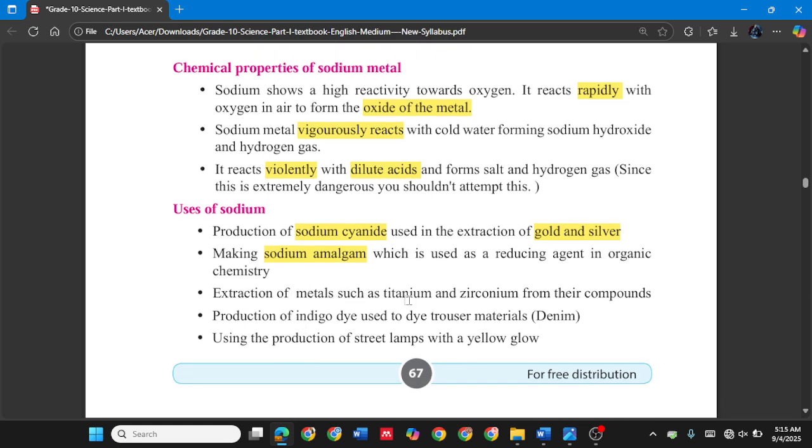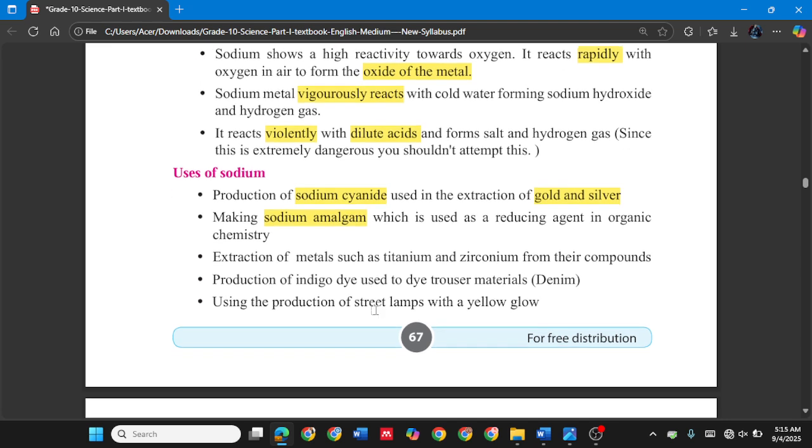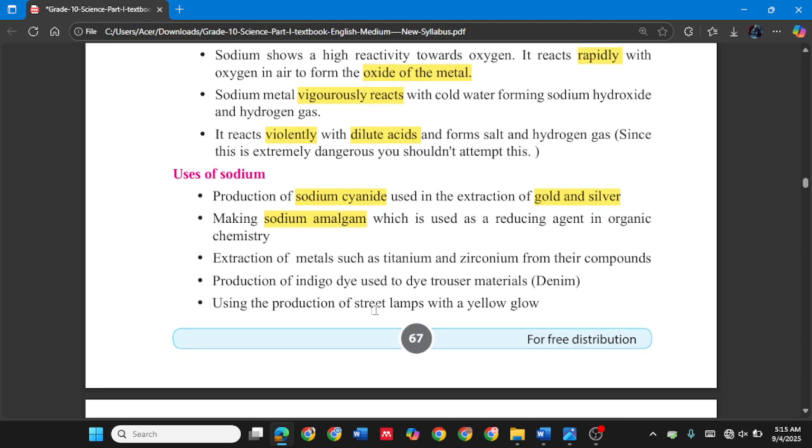Extraction of metals such as titanium and zirconium from their compounds. Production of indigo dye, used to dye trouser material, denim. Used in the production of street lamps with a yellow glow. Okay, just go through them. I'll give you 20 seconds.